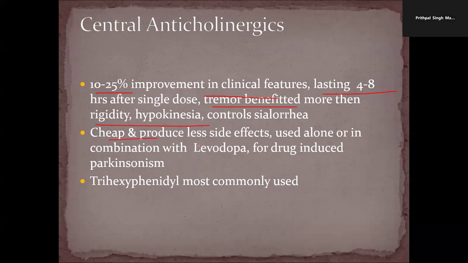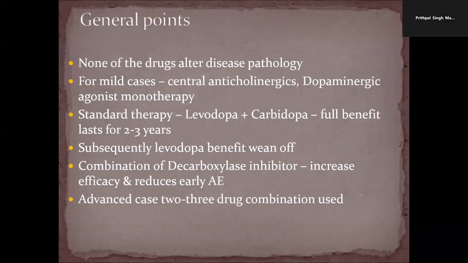The advantages are that the drug is cheap, has lesser side effects, and can be used alone. It is used for drug-induced Parkinsonism. Trihexyphenidyl is by far the most common central anticholinergic drug.